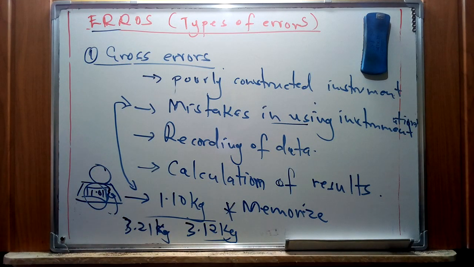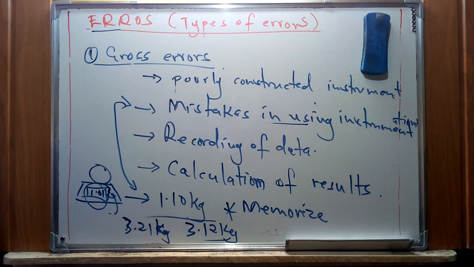So these are some of the ways in which this type of error can be obtained. And we're going to look, in summary, at how we can correct this specific error.